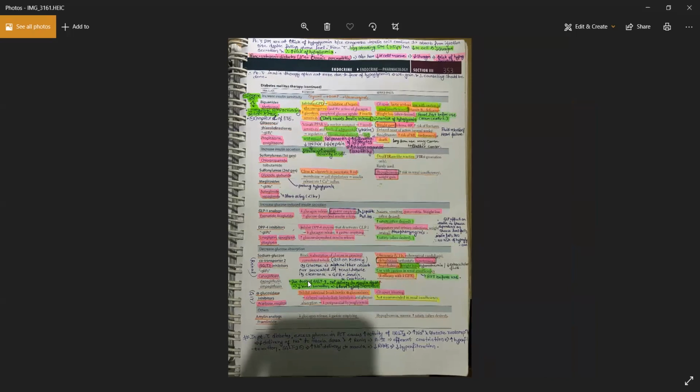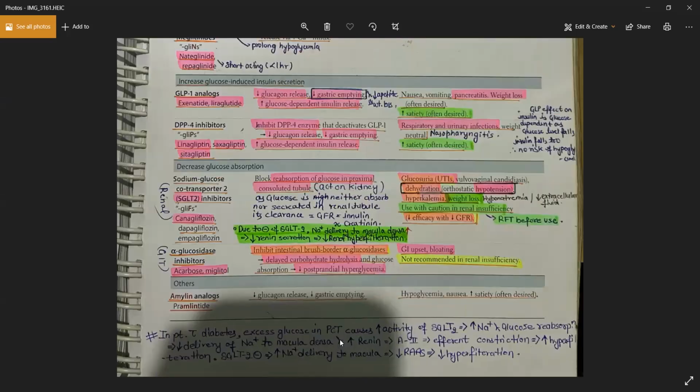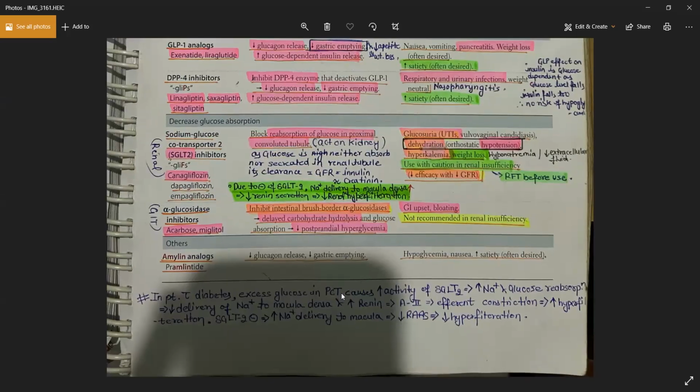Any doubt on this page so far? Yes, sir, I had one problem with the SGLT2 inhibitors. I understand the point at the bottom of your page, but not your top point, which says due to the SGLT2 sodium delivery. I thought when sodium is more at the macula densa, your body knows you have high osmolarity.